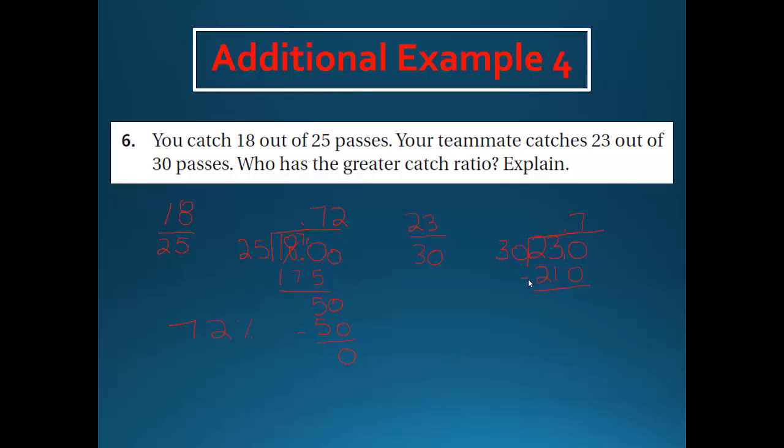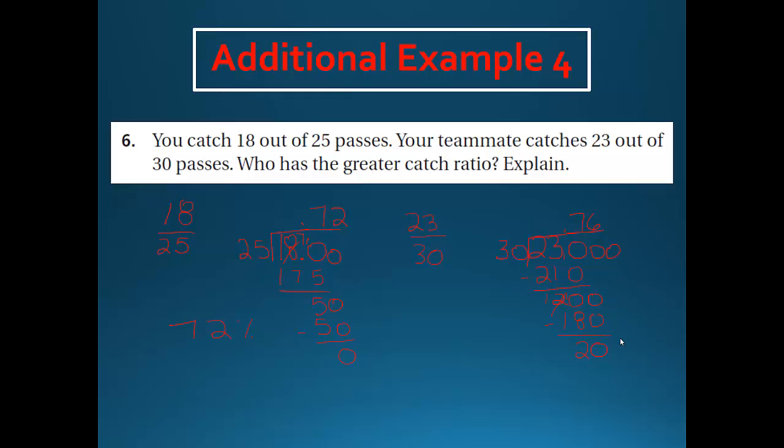When we subtract, we're going to get 20. Now we add our 0 and bring it down. And 30 goes into 200 6 times. 6 times 30 is 180. And now we can subtract again. And we're going to get 20.